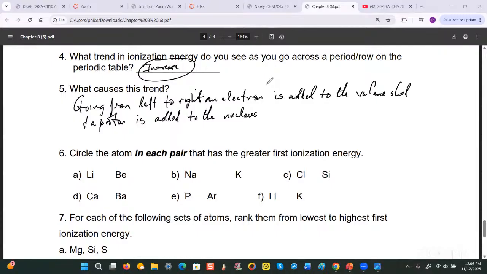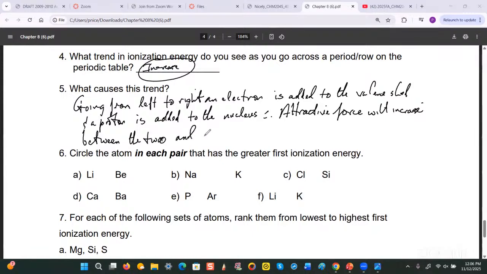The attractive force. Exactly. And so therefore, the attractive force between the two will increase, and the valence electron will be harder to remove.